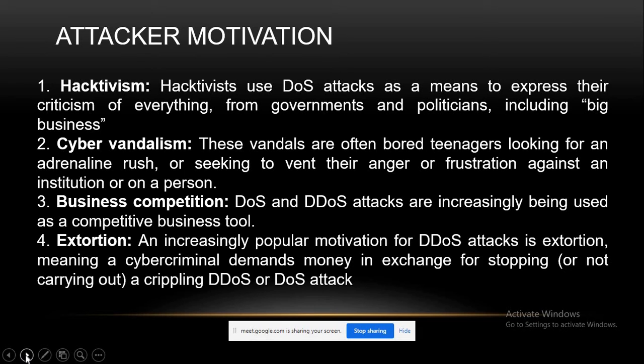Business competition. DOS and DDoS attacks are increasingly being used as competitive business tools. Extortion. An increasingly popular motivation for DDoS attacks is extortion, meaning a cyber criminal demands money in exchange for stopping or ending DDoS or DOS attacks.